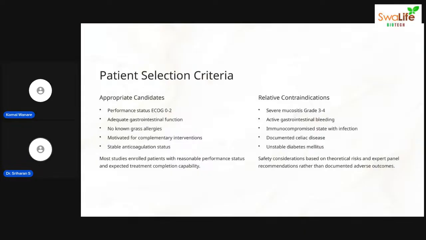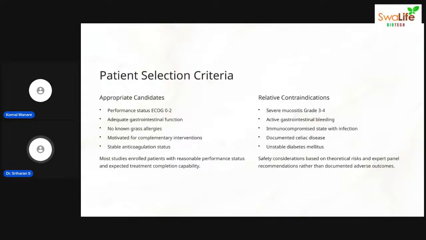Controlled diabetes is needed, because uncontrolled diabetes will impact the wheatgrass study. Also, wheatgrass preparations may have some sweetening agent added for tolerance. So unstable diabetic patients should also be avoided. These are the relative contraindications to be considered for the patient.